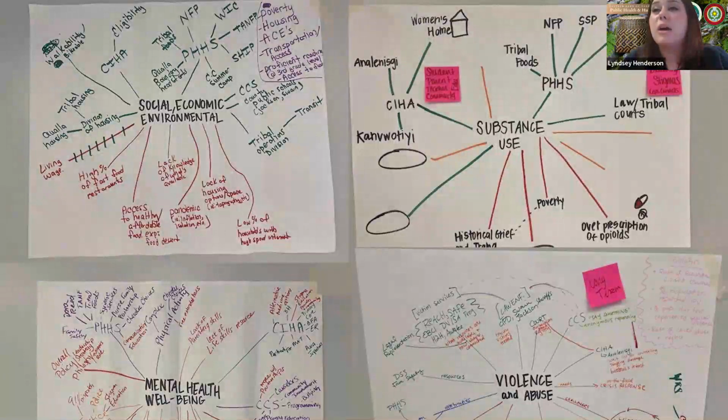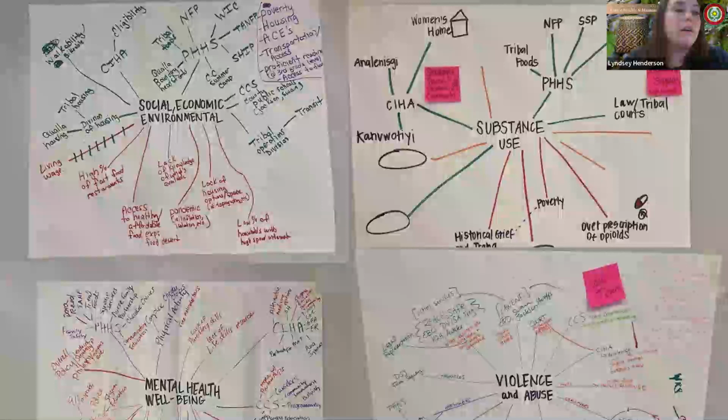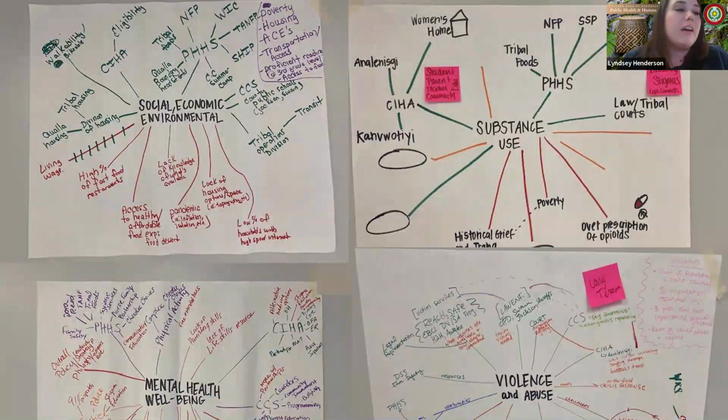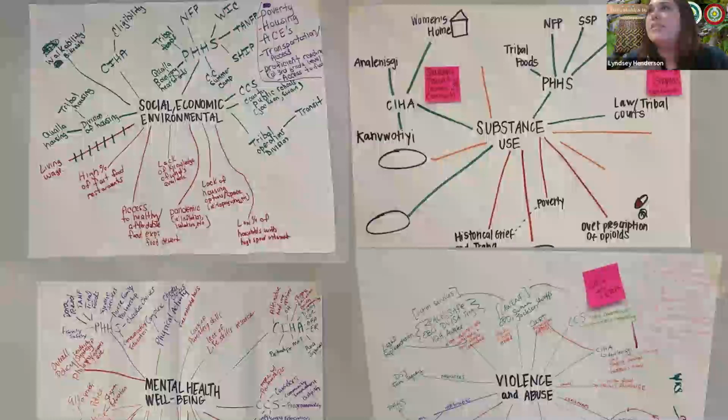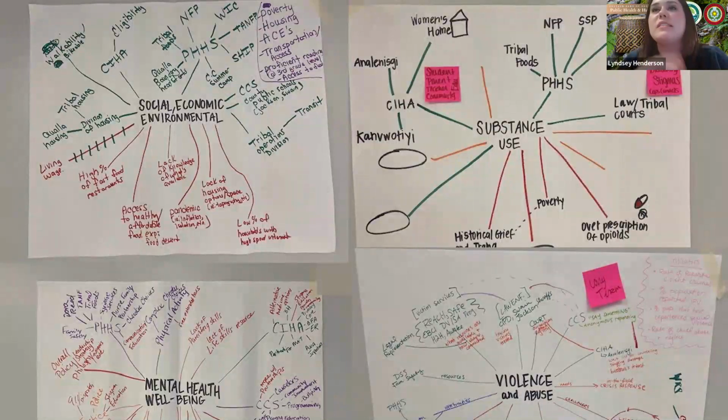These are our tribal health improvement priorities, so they were part of our tribal health assessment. This is a great way to get people interactive, especially people who are sometimes shy to share their voices. This is a great way for them to interact and get their thoughts out as well.